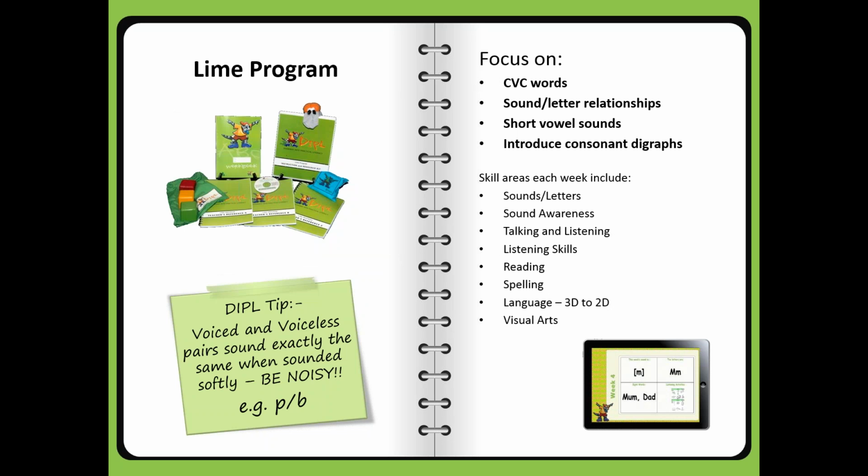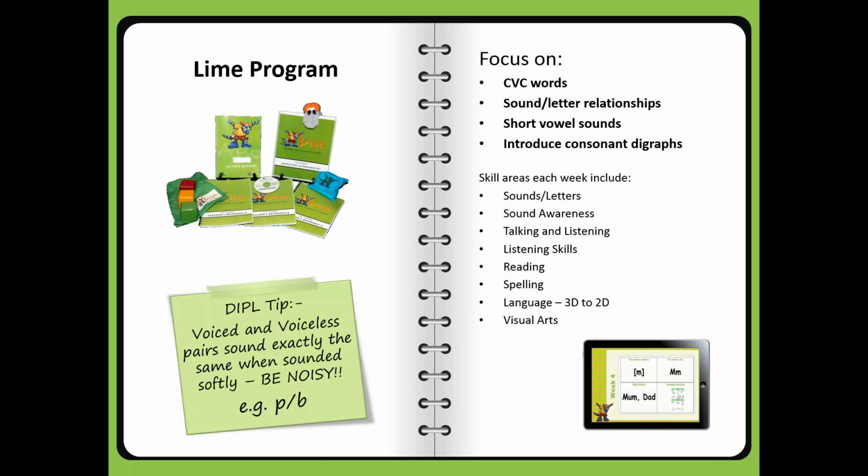Our Lime program is our prep program. It comes with an online component as well as puppets and beanbags and blocks, which are concrete resources for the younger children. It starts looking at consonant-vowel consonant words. These are important because they contain short vowel sounds.